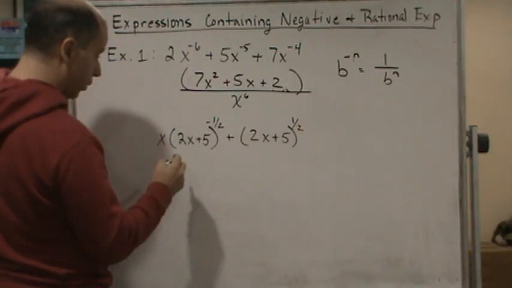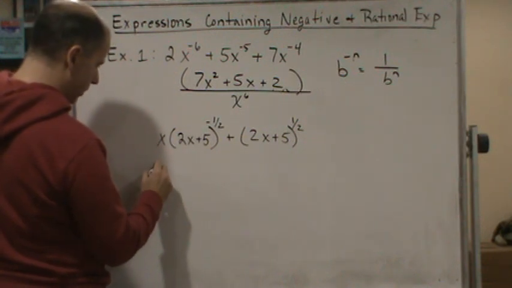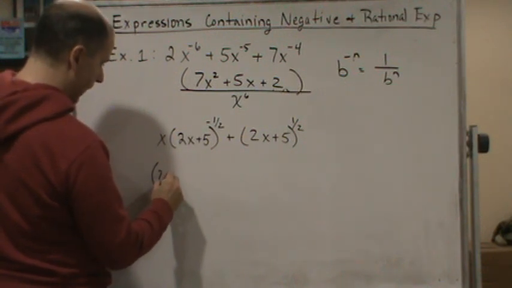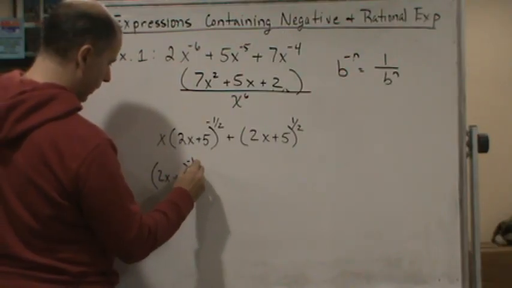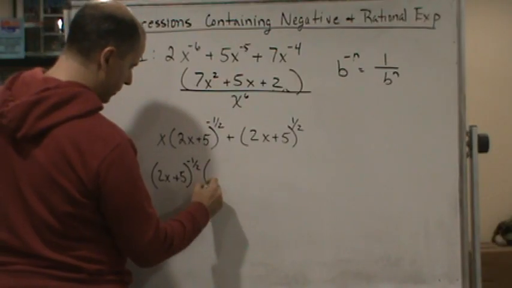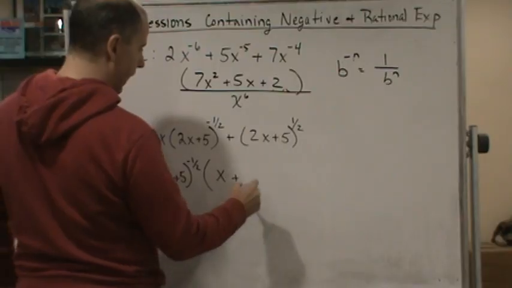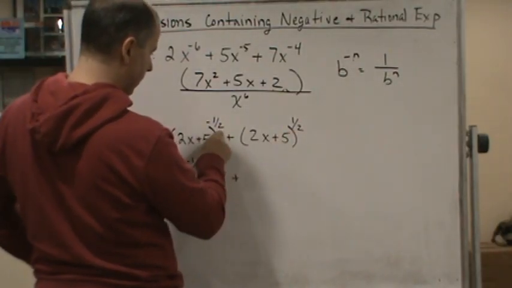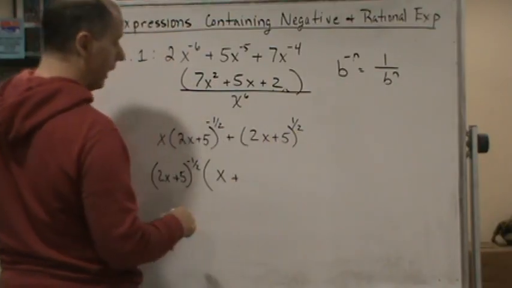So what that's going to do is we're going to end up with what? So if we factor out 2x plus 5 to the negative 1/2 power, well, we're factoring out this. So that's going to leave x plus, now here we're factoring out a negative 1/2. So we're going to have to subtract a negative 1/2 from here.